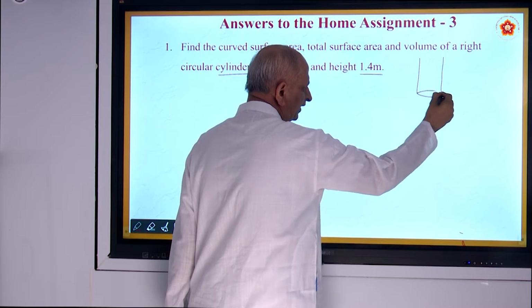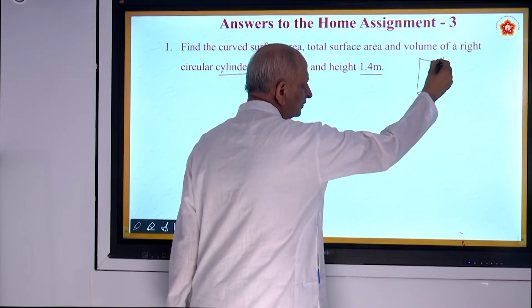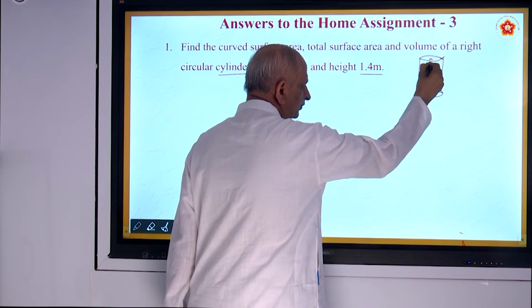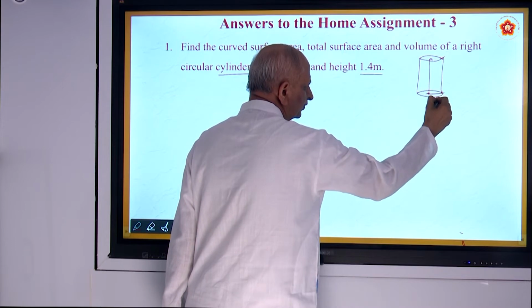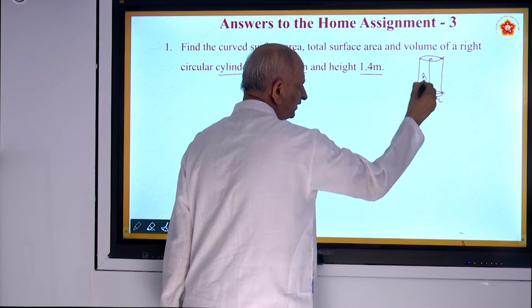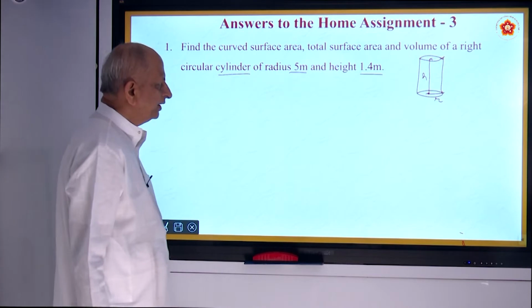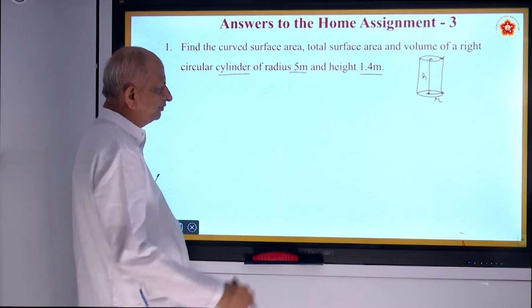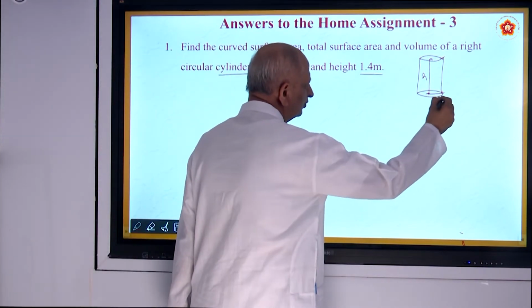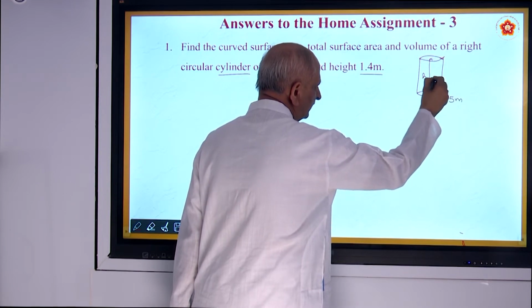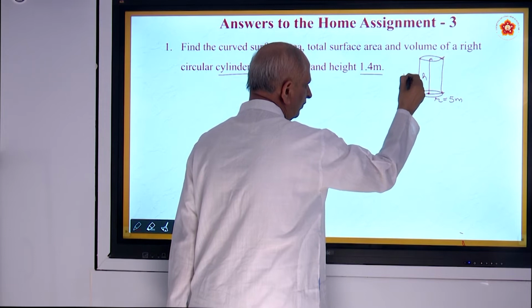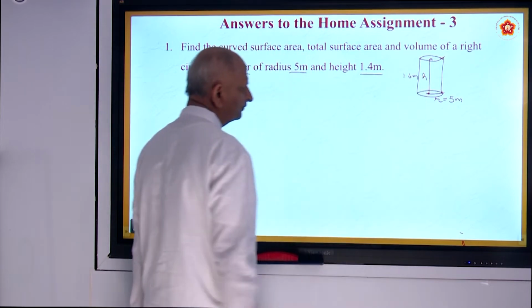It has got a radius, and this is called height. Radius is given to be 5 meters and height is given to be 1.4 meters.